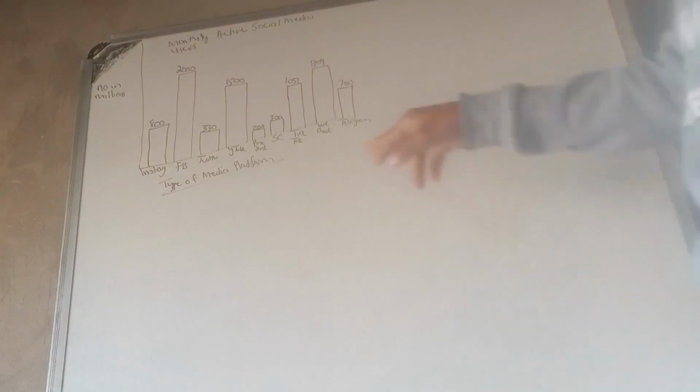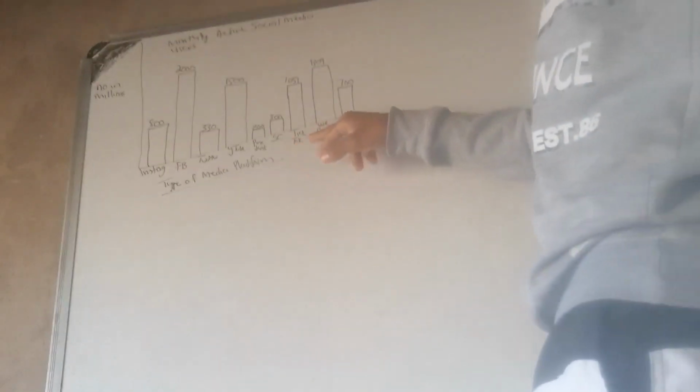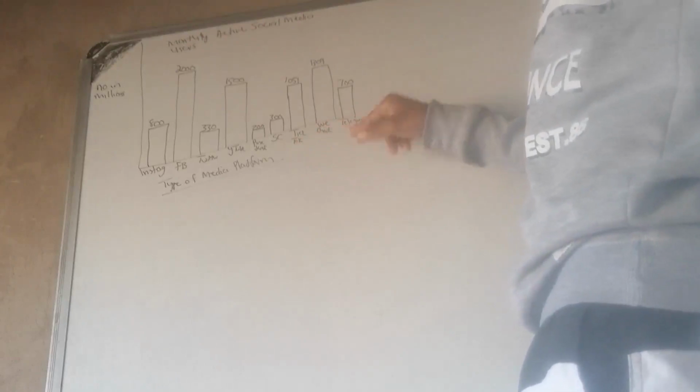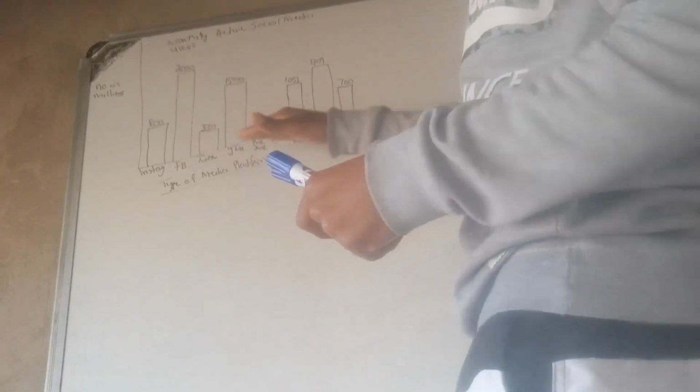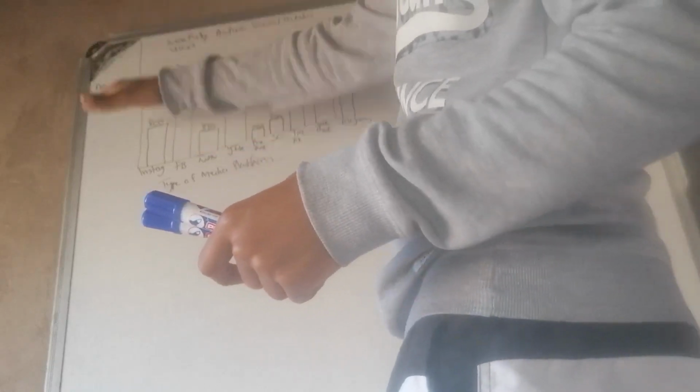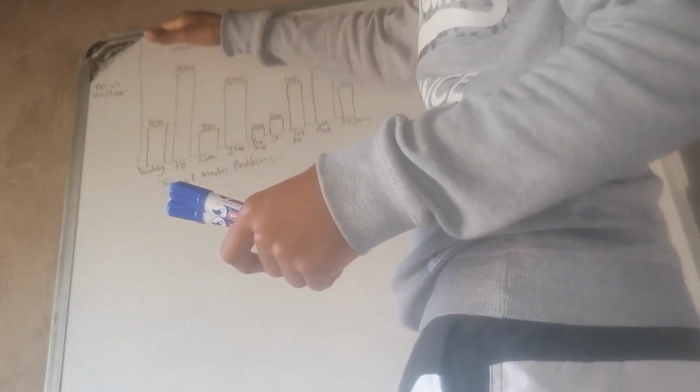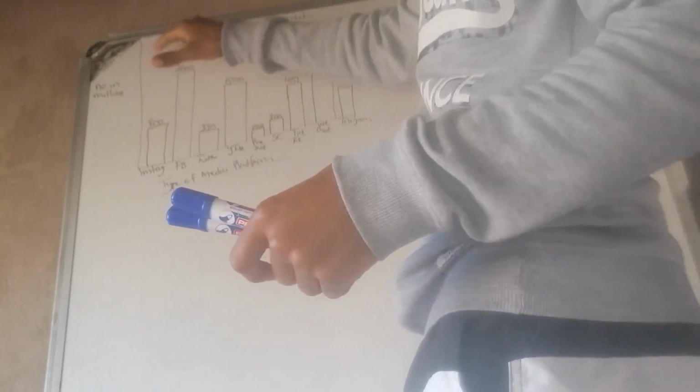Snapchat. Yes, we have Snapchat. We have TikTok, WeChat, and Telegram. So these are the types of social media platforms, and this is the number of users in millions, monthly active social media users.